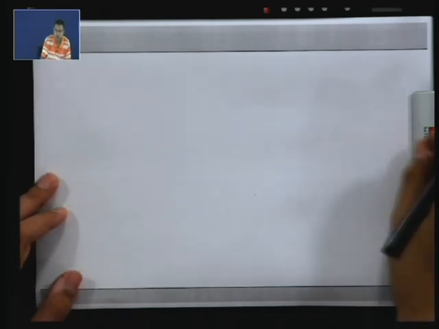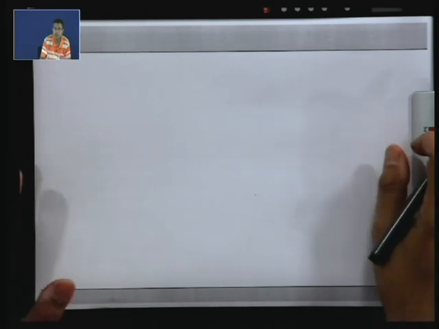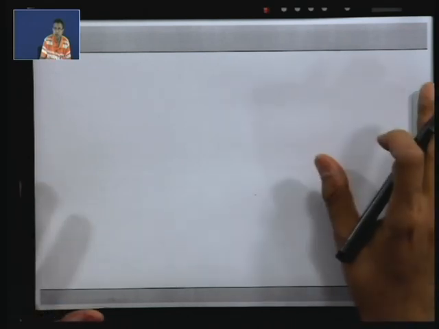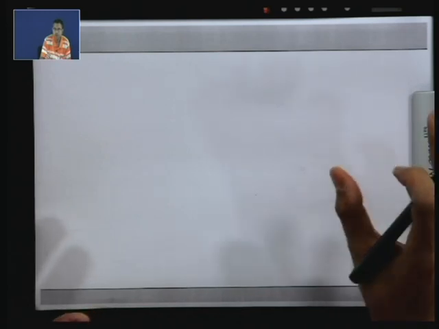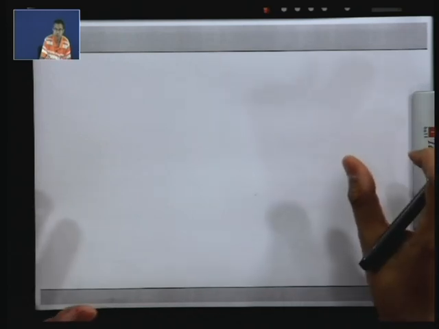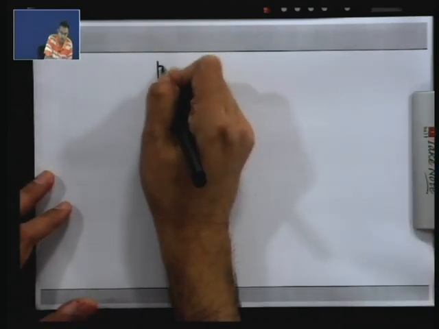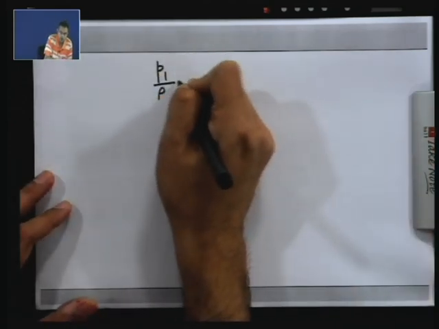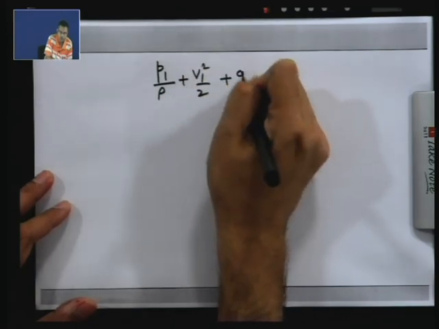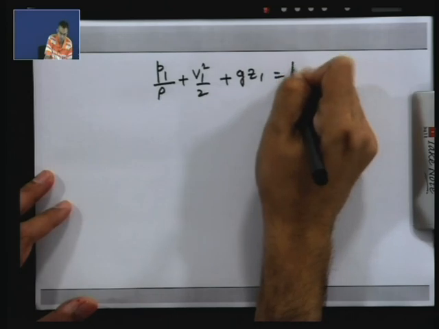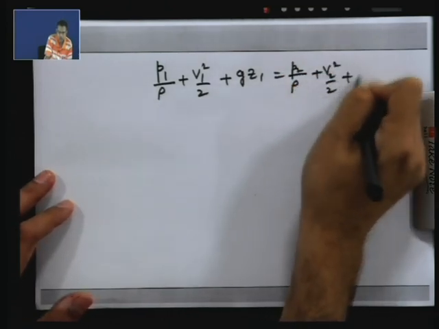provided the other assumptions, that is inviscid flow, we assume that this flow is inviscid just for simplicity, and incompressible fluid, steady flow, all those are valid. If that is true, then we can write P1 by rho plus V1 square by 2 plus GZ1 is equal to P2 by rho plus V2 square by 2 plus GZ2.